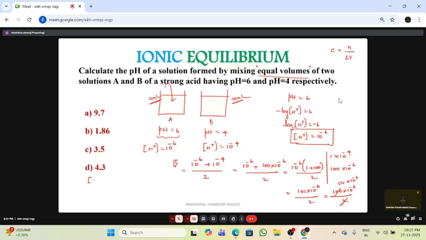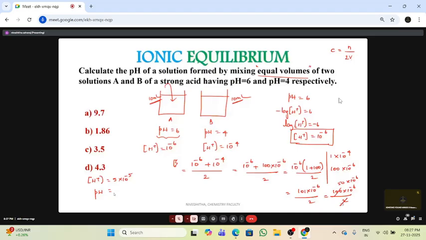So H plus ion concentration is 50 into 10 power minus 6. That can be written as 5 into 10 power minus 5, right? Because 50 can be written as 5 into 10, so 10 into 10 power minus 6 is 10 power minus 5. So 5 into 10 power minus 5. Please calculate the pH.